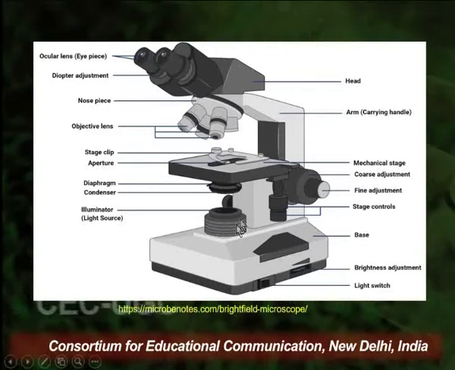The light source could be a xenon lamp, it could be an LED lamp, but whatever the source of light is, or whatever the component of this illuminator is, the wavelength always happens to be in the visible range.